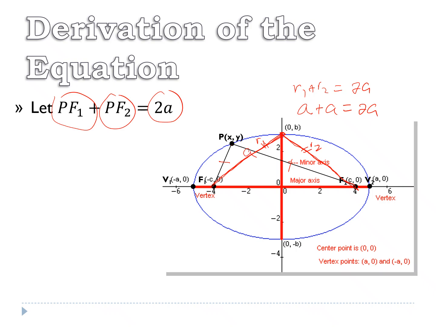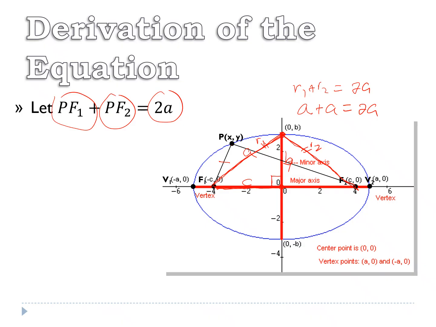And we know that the distance from the origin towards the co-vertex is b, right? And from the center to the focus, we know that this is c, right? This is c. So therefore, by having this triangle, this is a right triangle.